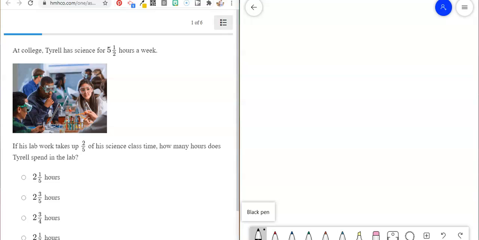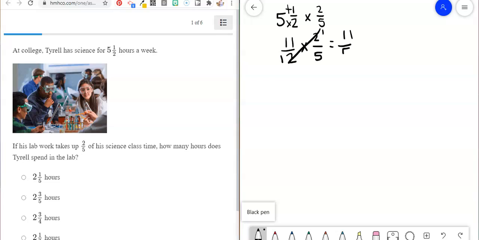So I have 5.5. I'm going to be multiplying it by 2/5. So I'm going to change this to an improper fraction. So 10, 11. I have 11 over 2 times 2 over 5. My 2's are canceling out to 1s.